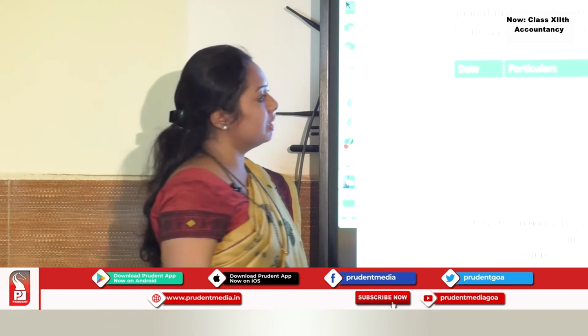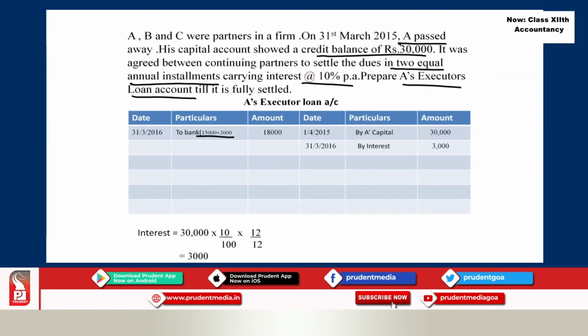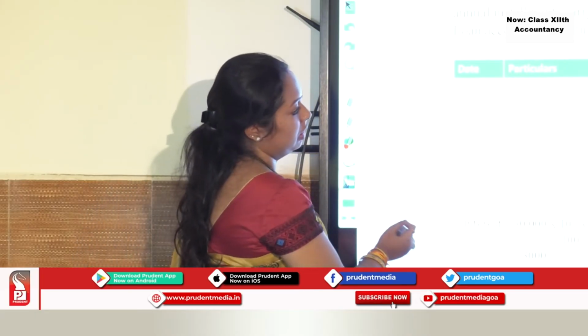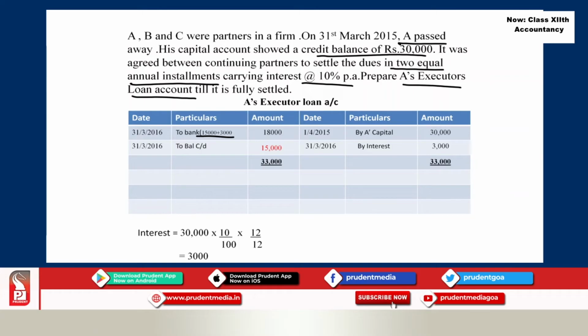So how much is the amount of installment you have made? 18,000. First installment is done. So let us balance the account. Okay, and how much is the outstanding balance left? 15,000 is the outstanding balance which is left in the account, which you have to clear in the second installment. When your second installment will start? This balance is brought down 1st April 2016.